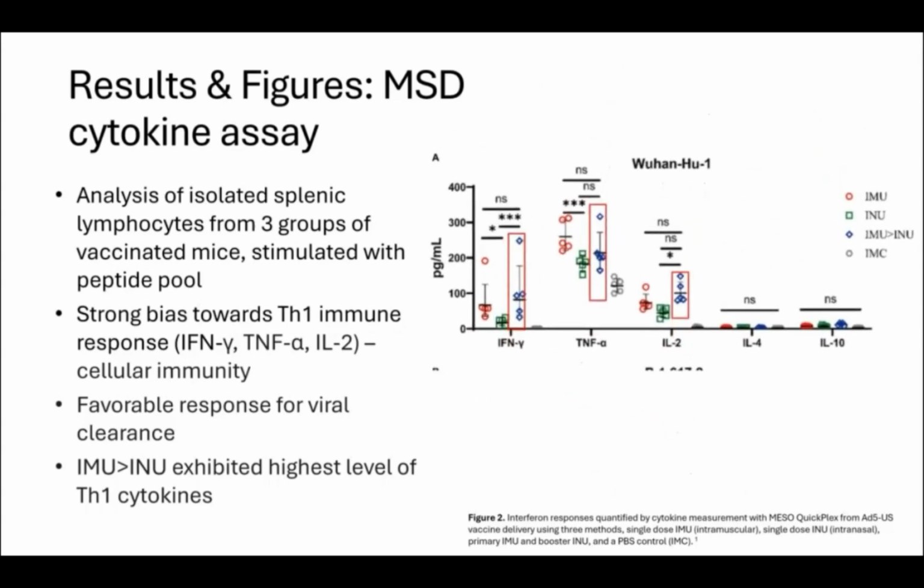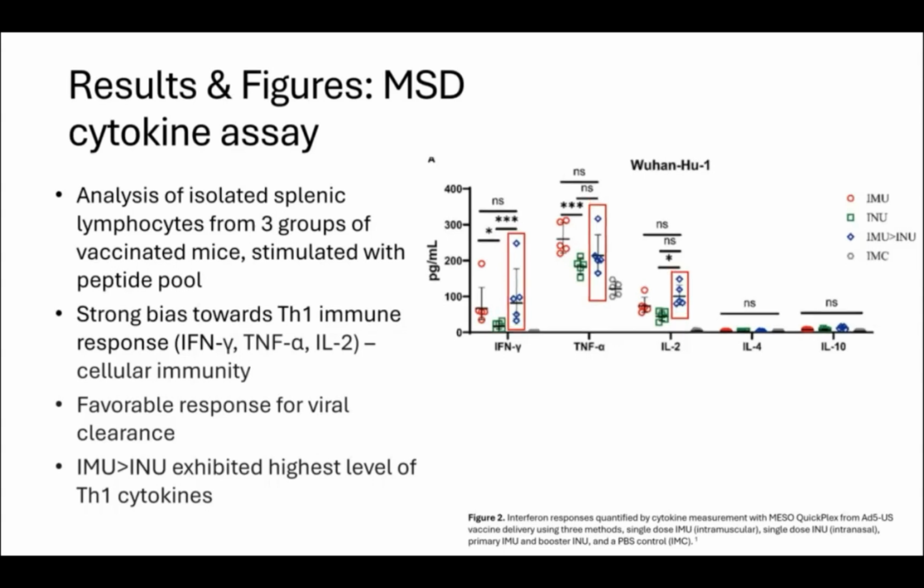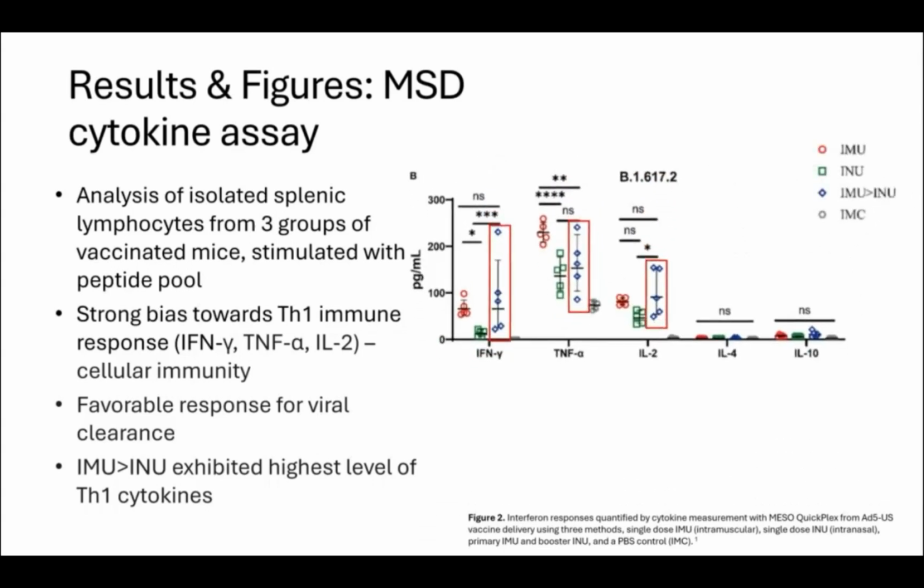In A, the lymphocytes were exposed to Wuhan strain of SARS-CoV-2, and the intramuscular primed with intranasal booster treatment group exhibited the highest concentration of the Th1 cytokines, interferon gamma, TNF alpha, and IL-2. When the lymphocytes were exposed to one of the beta strains, a similar trend was seen.